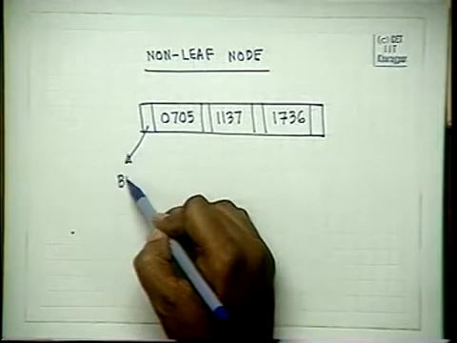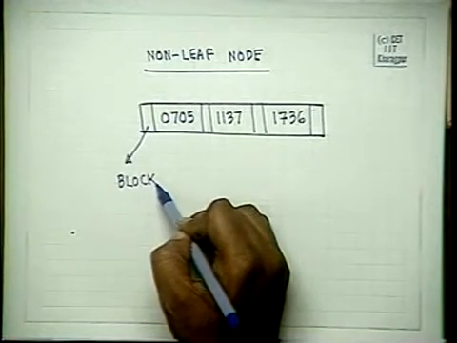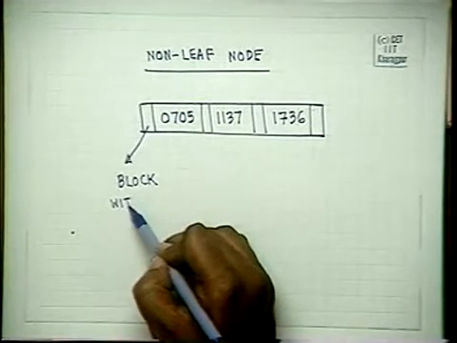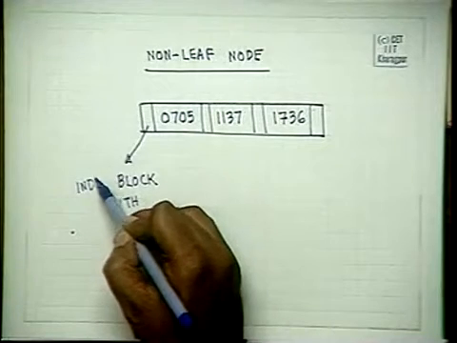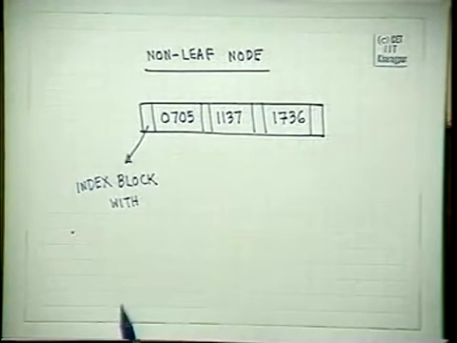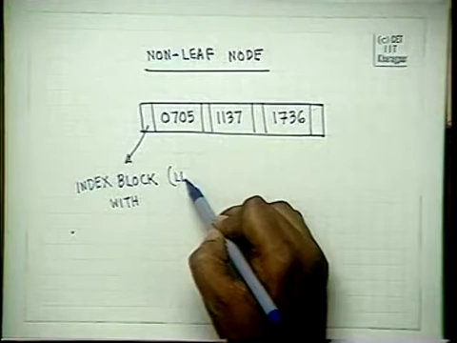That is, this will point to an index block, that is, this is an index block. This will be an index block which may be a leaf or non-leaf.